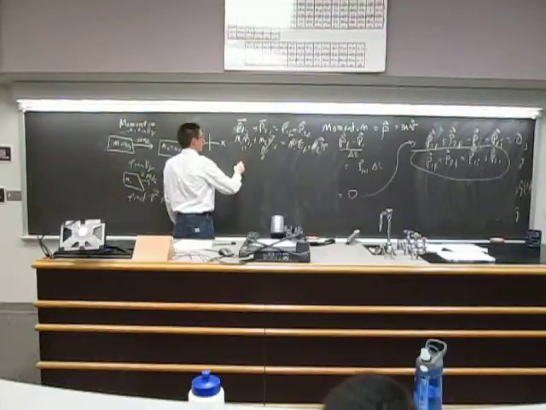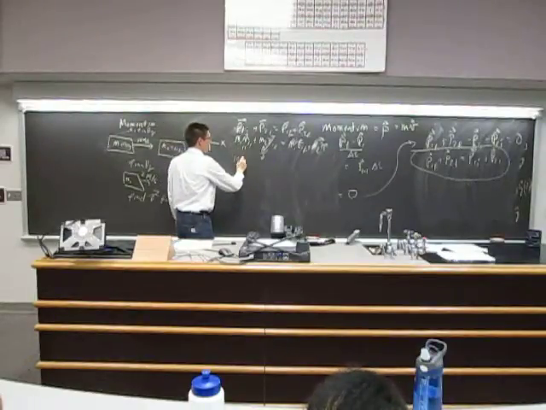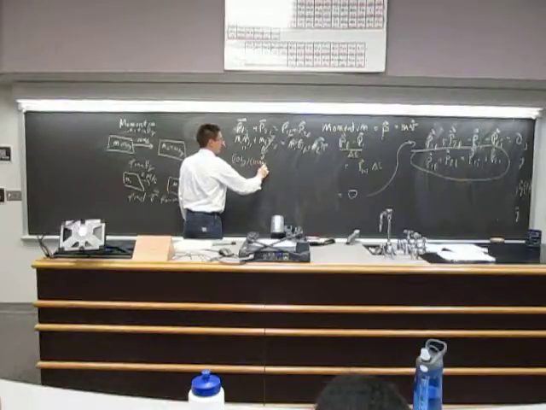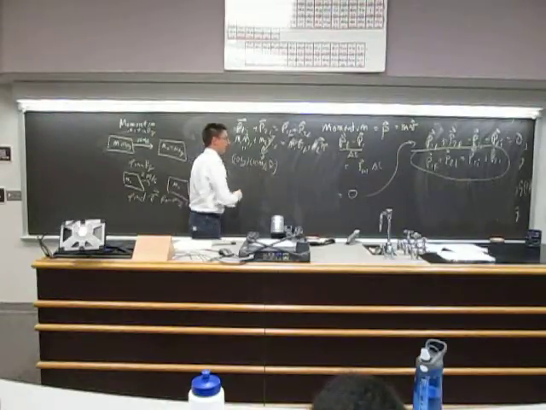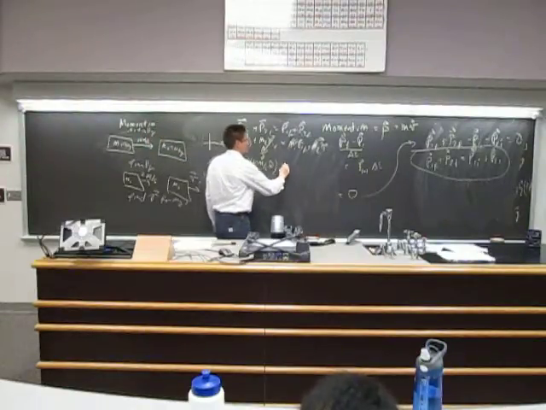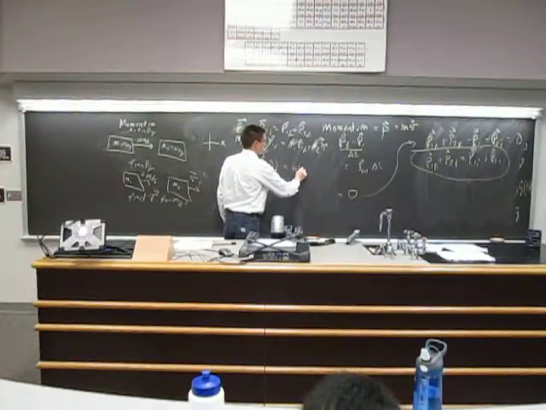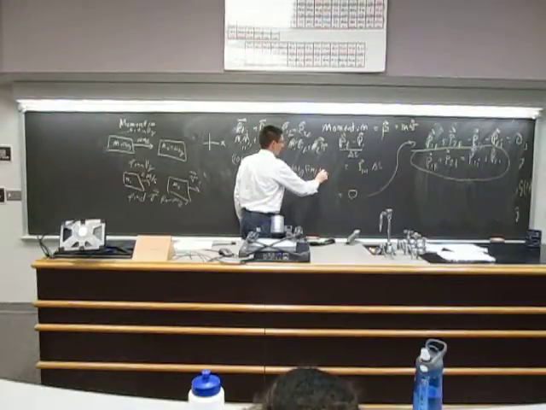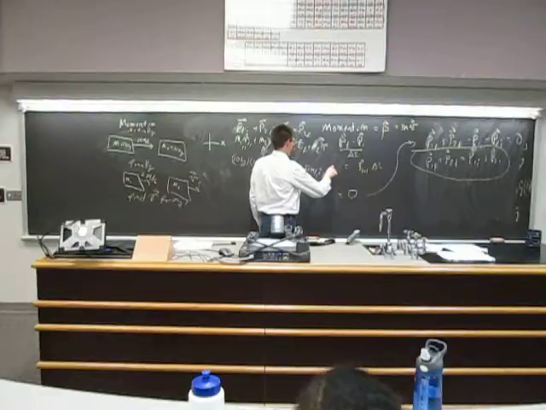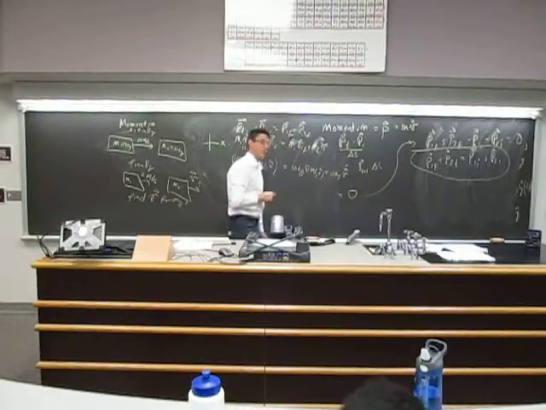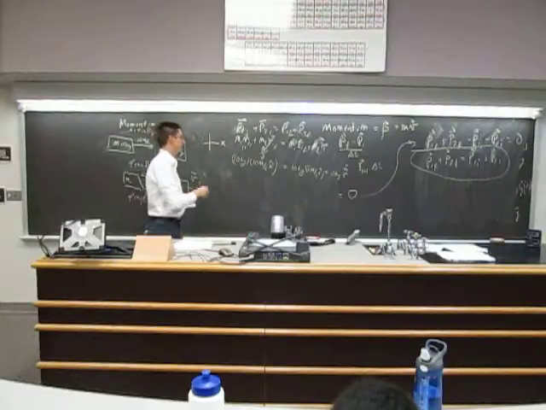Plugging in numbers, this would be 10 kilograms times 10 meters per second x-hat for this first one is equal to 10 kilograms times 2 meters per second x-hat plus 10 kilograms times V. Notice the 10 kilograms cancels.